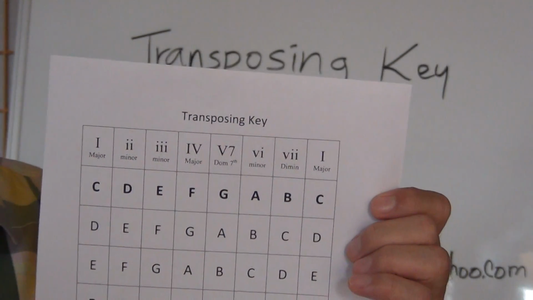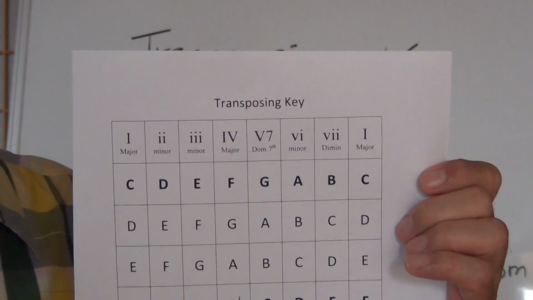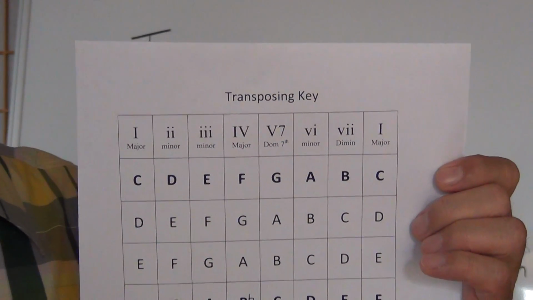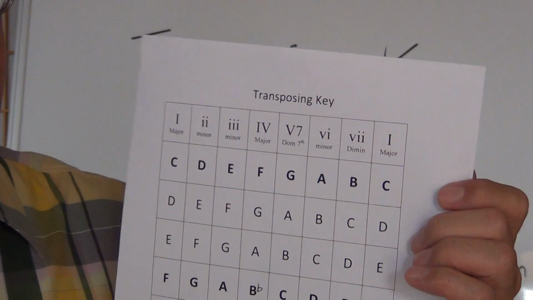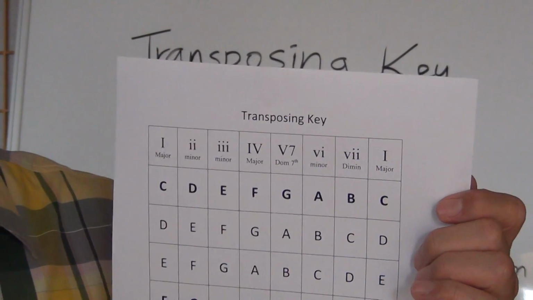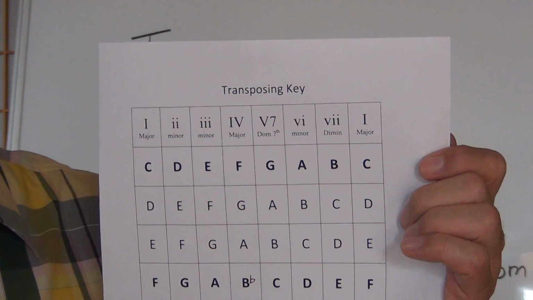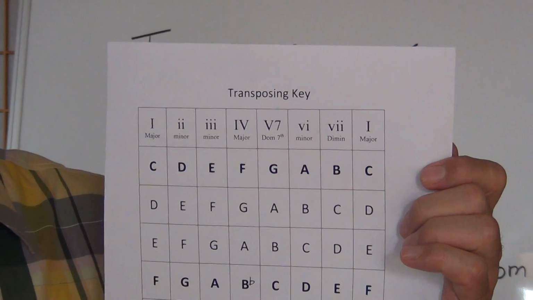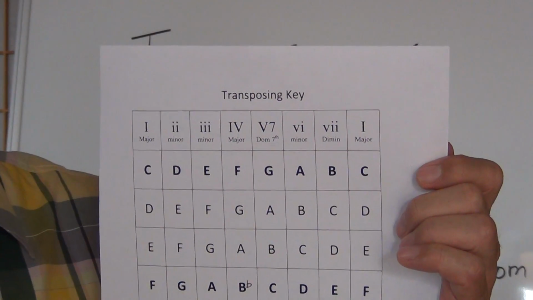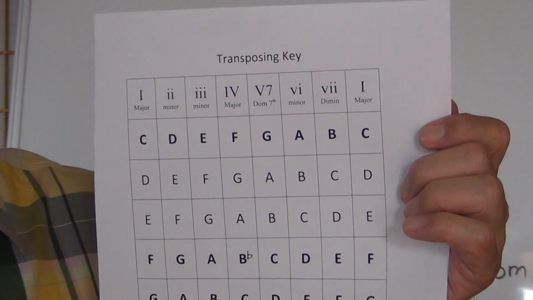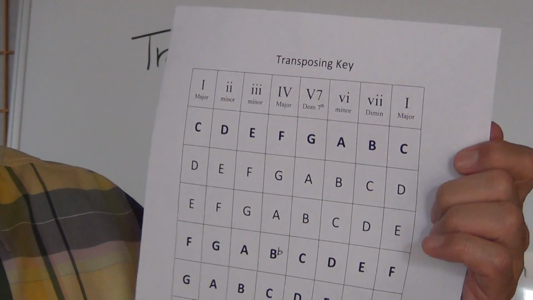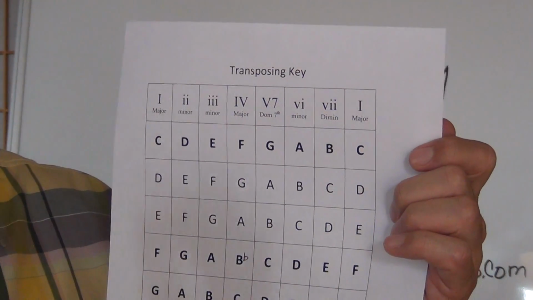Okay, we're going to go over an introduction to transposing, and this also coincides with music theory, so we'll be touching on this again. But just to introduce to you what transposing is. Transposing is basically moving the key, or the key of the song, to another key. So for instance, let's say we're playing a song.